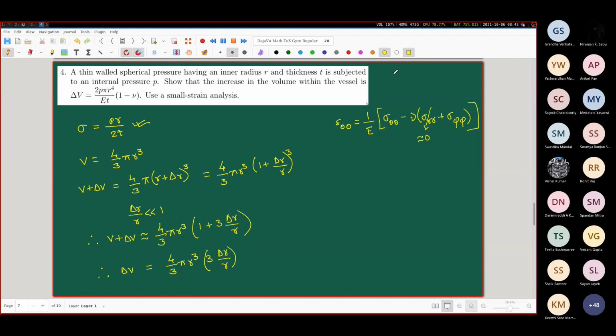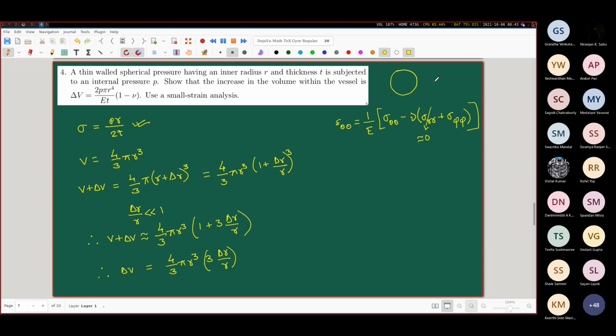Whenever you are talking about a spherical pressure vessel or any sphere on which you have a perfectly symmetrical kind of loading all around, perfectly symmetrical means it is perfectly spherically symmetric. There is absolutely no distinction between any radial direction. Then you can easily understand that there is no distinction between the theta direction and the phi direction.